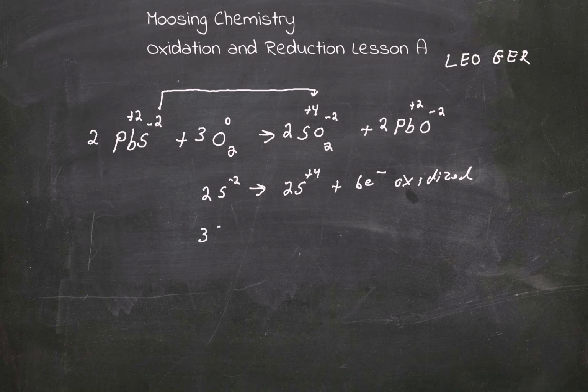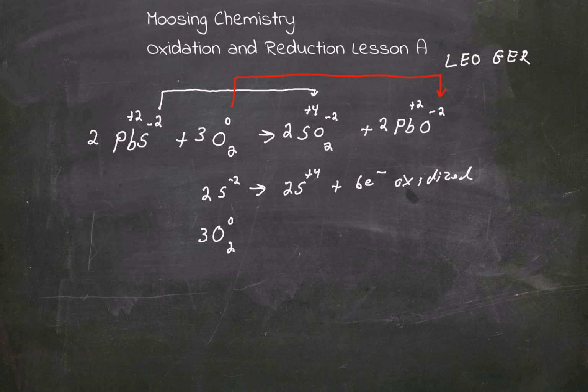All right, let's look at our oxygens. We've got 3 oxygens, but there's 0. Oxygen is going to go from 0 to minus 2. So we are actually gaining electrons here. Okay?